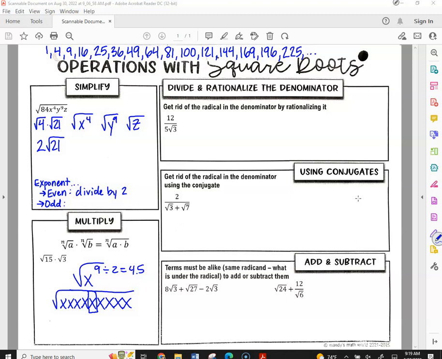When you're square rooting variables, you just divide the exponent by 2. If it's a nice, pretty number, that's because it was even, and it's going to come out to the front. If it's an odd number, it's going to be something and a half, and the half means you better write a letter still under the radical, because that's the one left over from where it didn't split nicely.